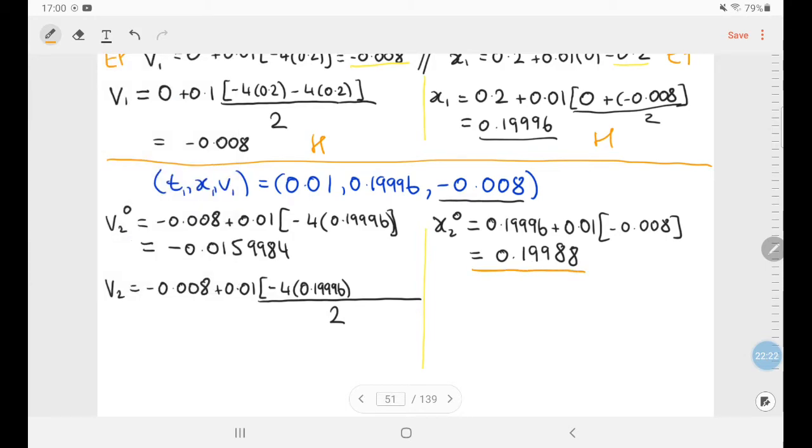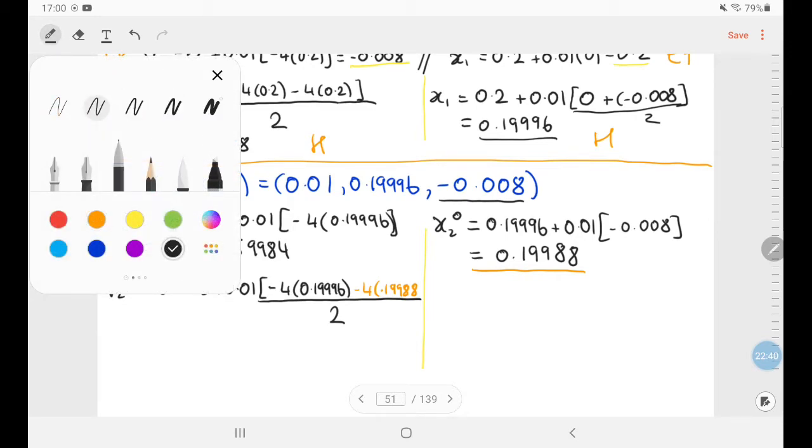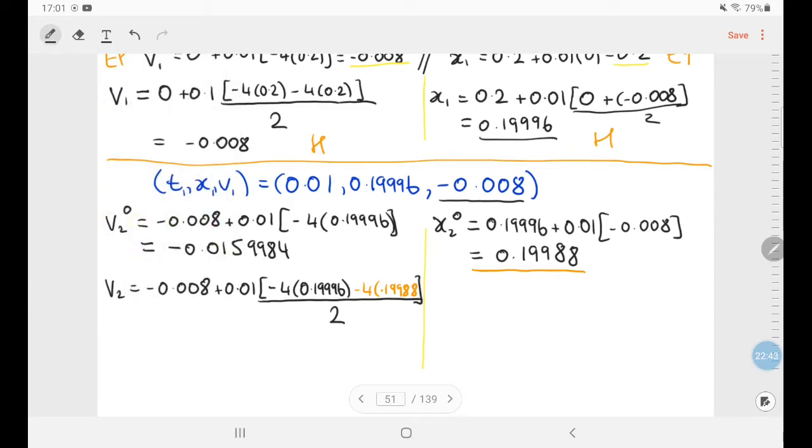The slope of v is minus 4x, and this is where we predict we're going to be, so it should be minus 4 times that. Sure, we'll keep the color. Now I'm running out of space, so I'm going to do 0.19988, and we'll bang that into the calculator. See what we get. I'm just going to pause and do it like that. And it comes out as minus 0.015998, which is going to be slightly more accurate than the predictor above.